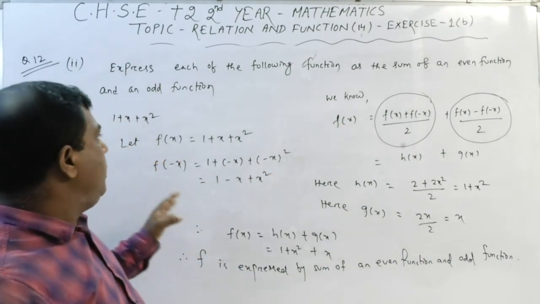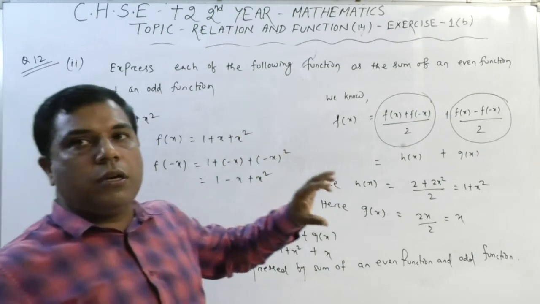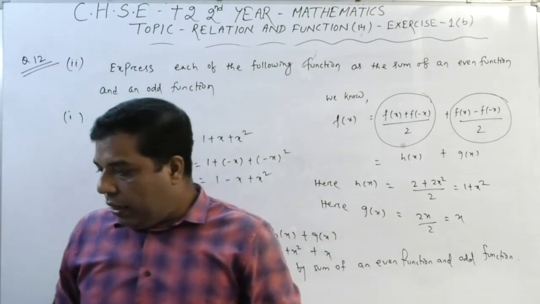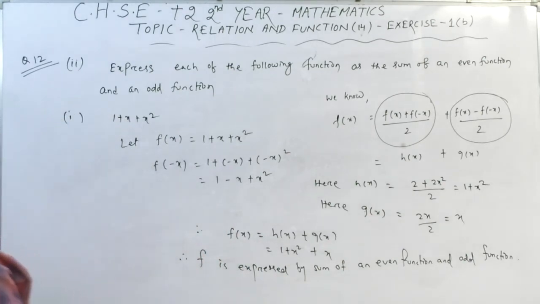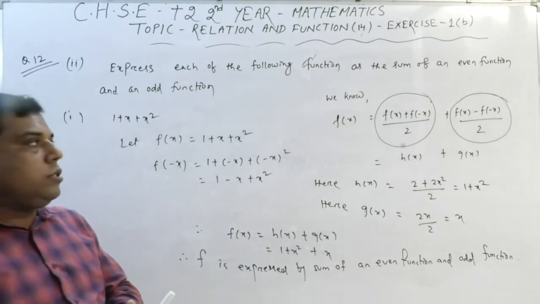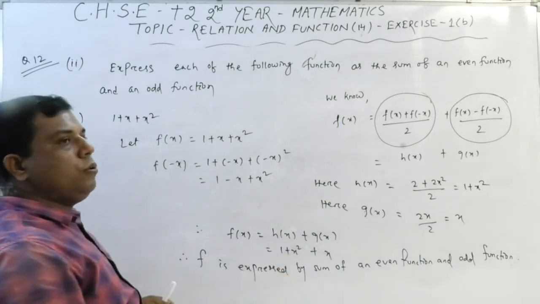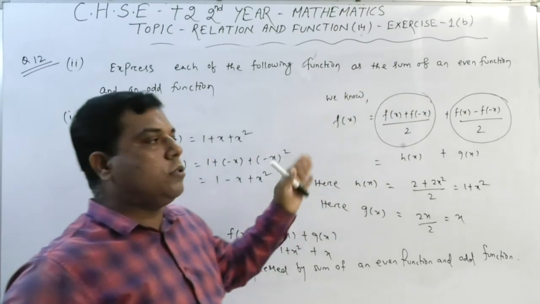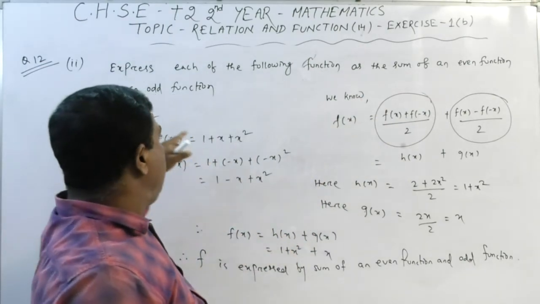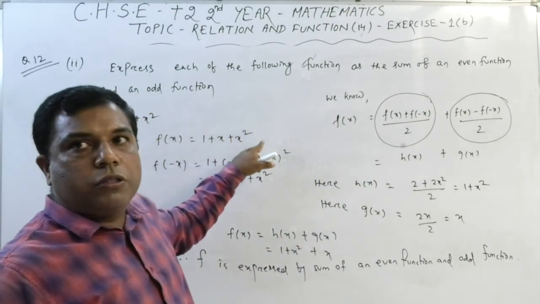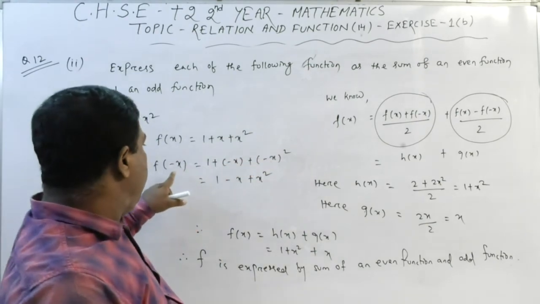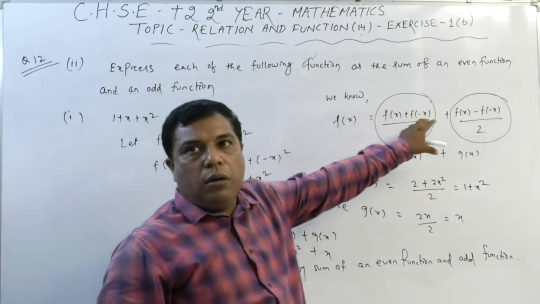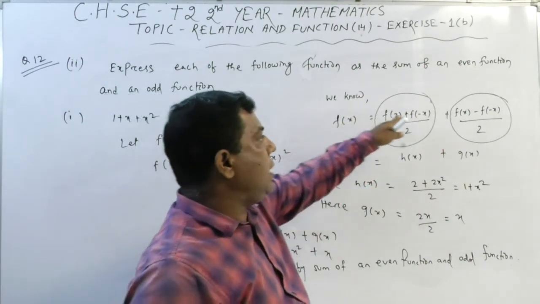Okay. So with this we are able to show a function by the sum of an even function and an odd function. Next we will go for another question, and we will check how we are able to represent a function by the sum of an even function and an odd function. If f of x is given, you have to find its f of minus x, then you have to write f of x like this.